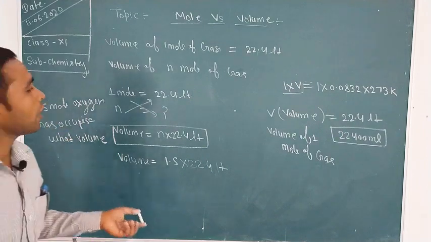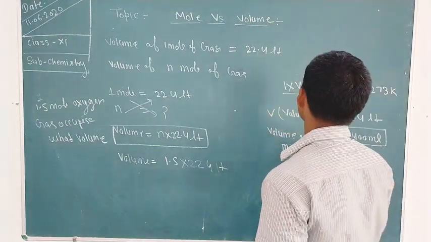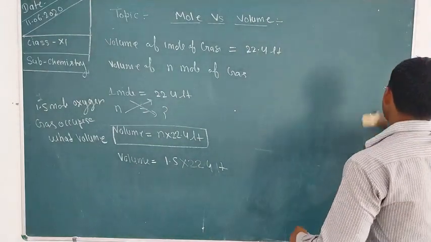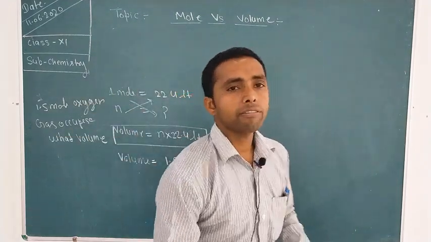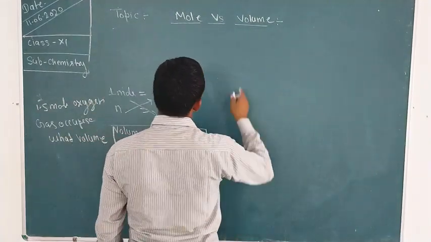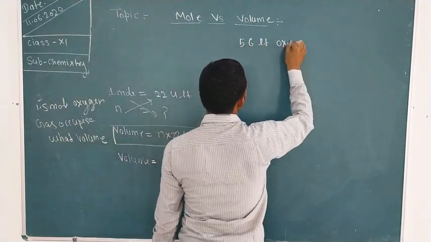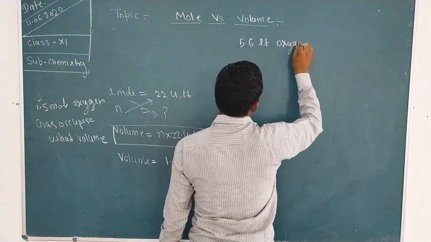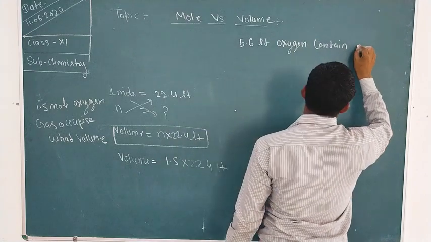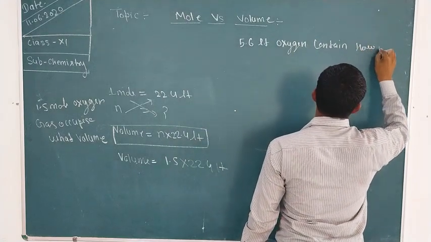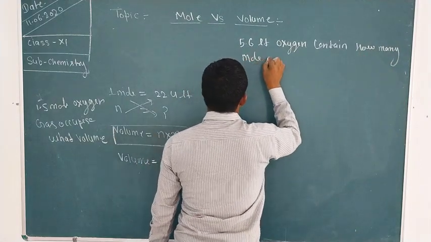Suppose the volume of a gas is given and we are asked to find the number of moles, then what do we do? We use the same formula. So I take another example and try to find the moles of gas from volume. Suppose 5.6 liter of oxygen contains how many moles? So what do we do?